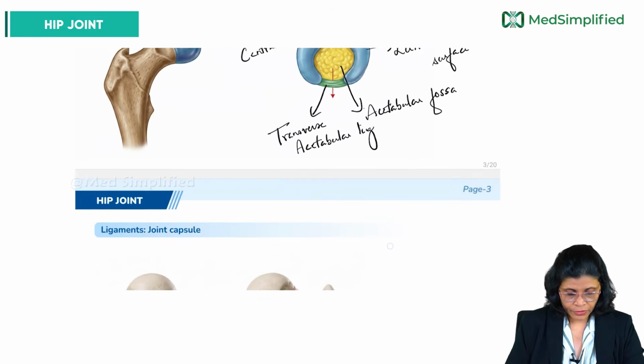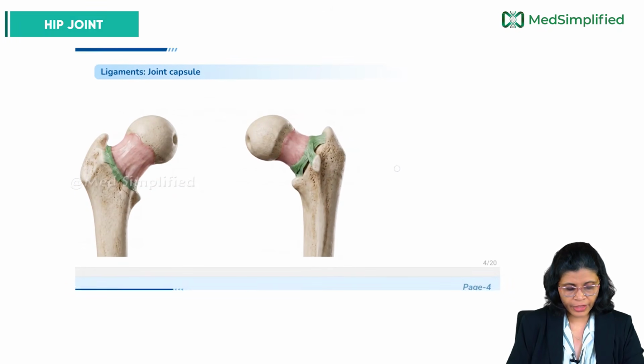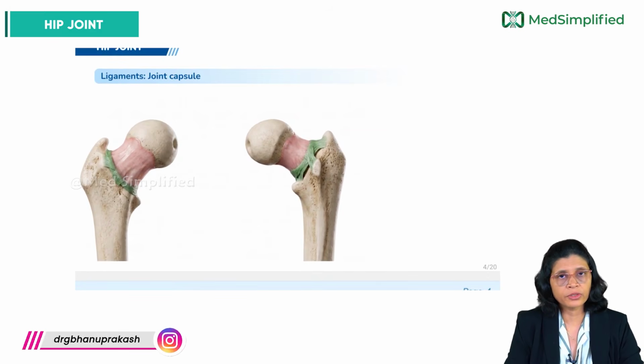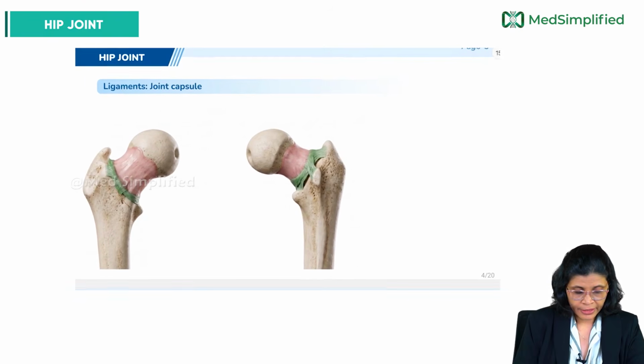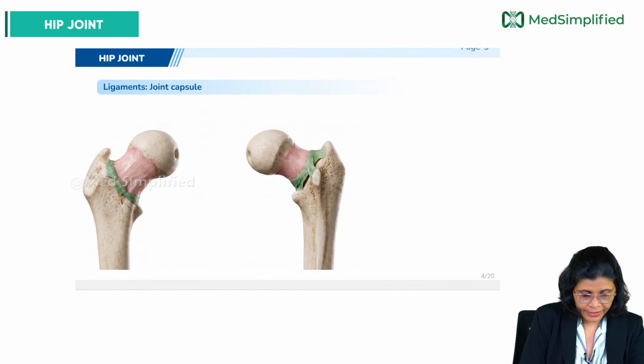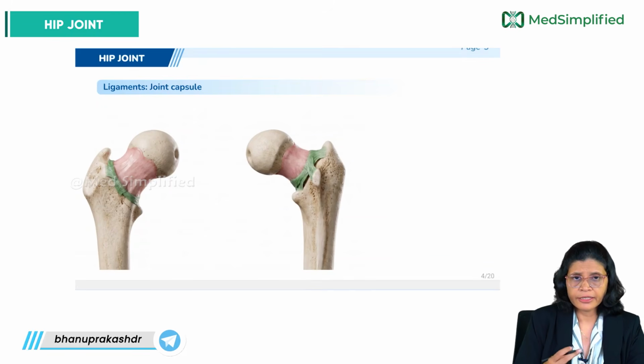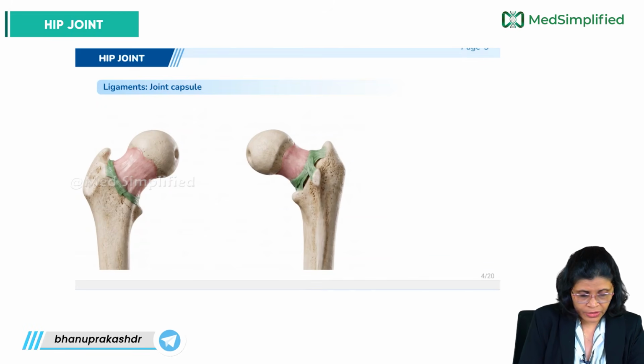Next, moving on to the ligaments. For any joint, the ligaments form an important support and give stability to the joint. In the hip joint, the first is the joint capsule. The capsular ligament is very strong and dense, a fibrous sac which encloses the joint.